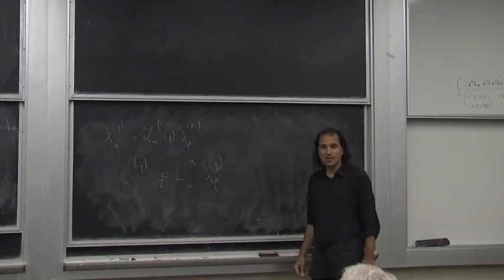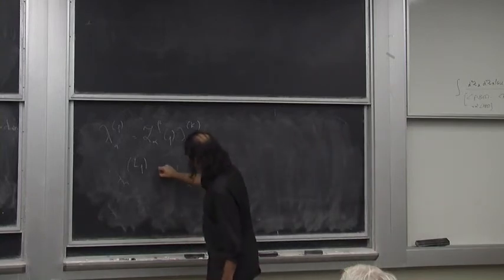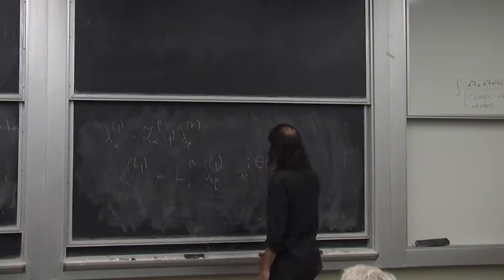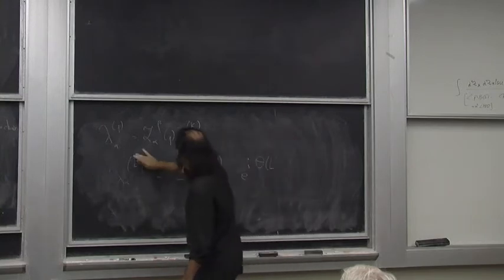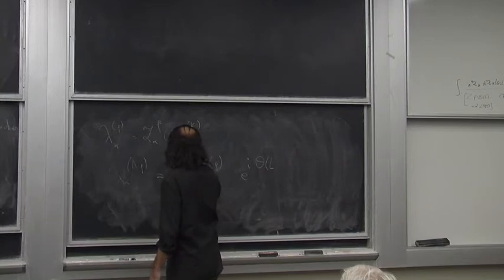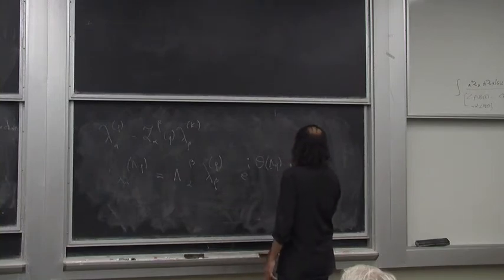Just like with the story of the little group. But it is equal to that up to a phase, e to the i theta, that depends on, sorry, here I'm doing a general Lorentz transformation, some L. So a theta that depends on L alpha beta and lambda beta of p.